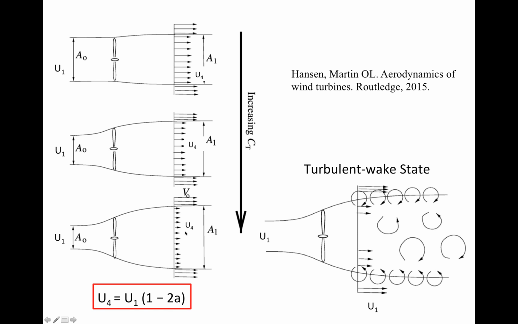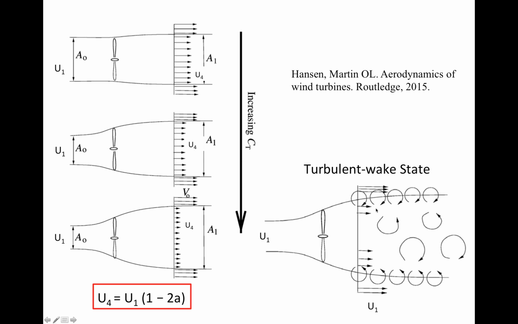Some of the eddies will form inside of the stream tube. When they are formed, they will transport momentum from the outer flow into the wake. This particular situation is called the turbulent wake state.